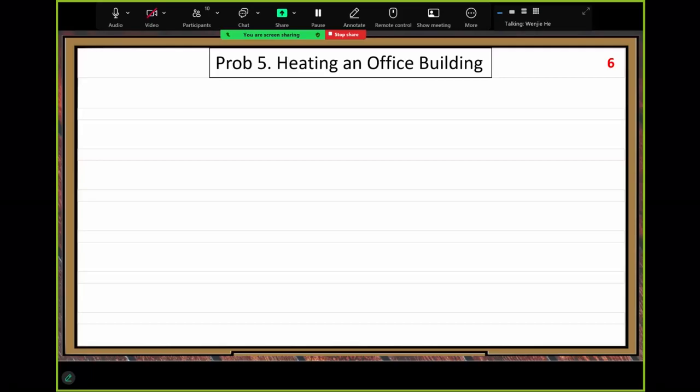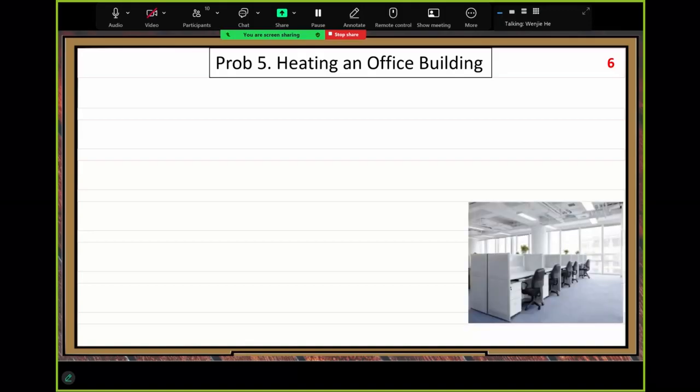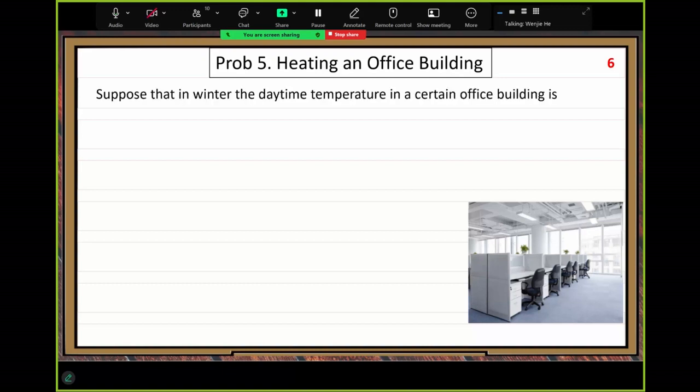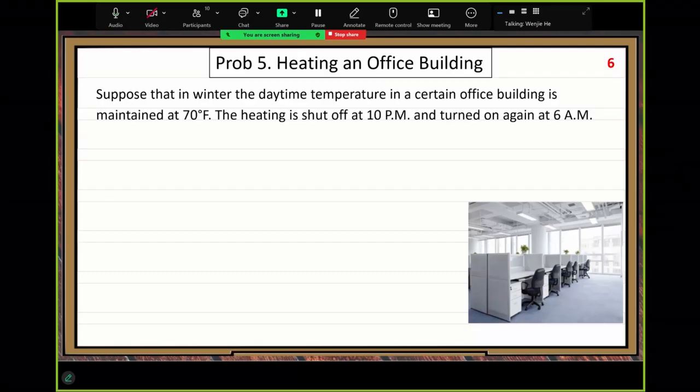So let me give you the question first. I need to use this button. First, let's imagine there is an office with air conditioning. Suppose that in winter, the daytime temperature in a certain office building is 70 degrees Fahrenheit.